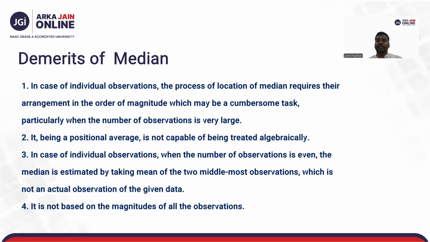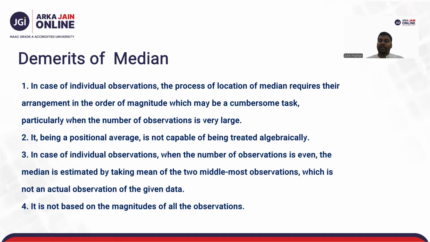Now, what are the demerits of median? One of the demerits is that in the case of individual observations, the process of locating the median requires their arrangement in order of magnitude, which may be a cumbersome task, particularly when the number of observations is very large.